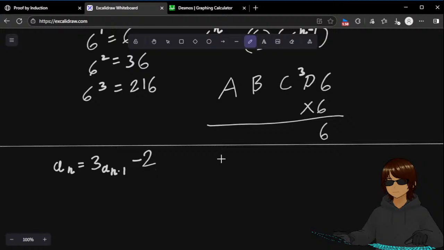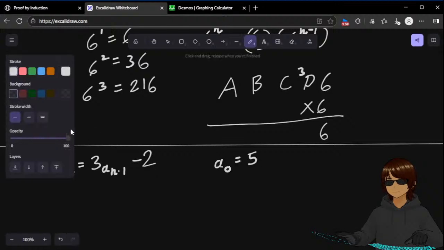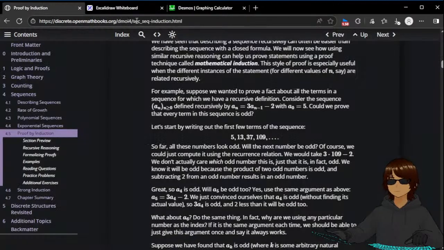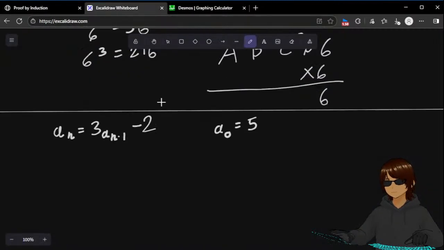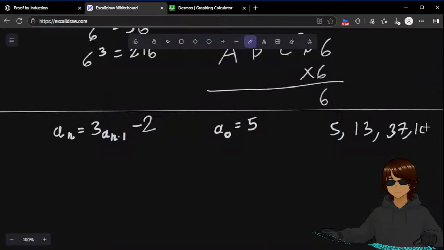Like that. And the sequence is 5, 13, 37, 109.